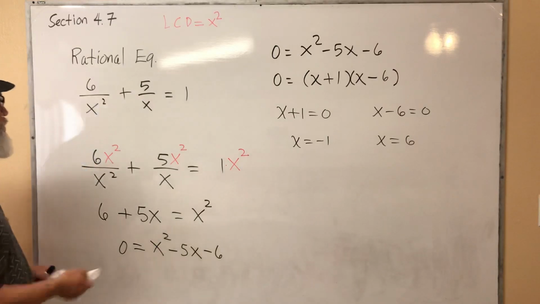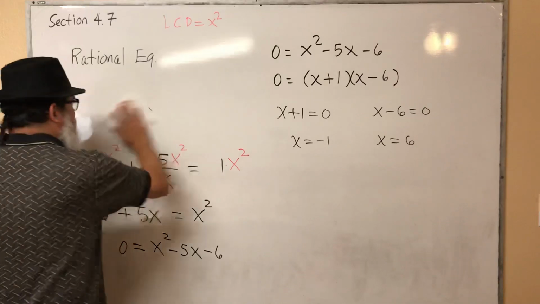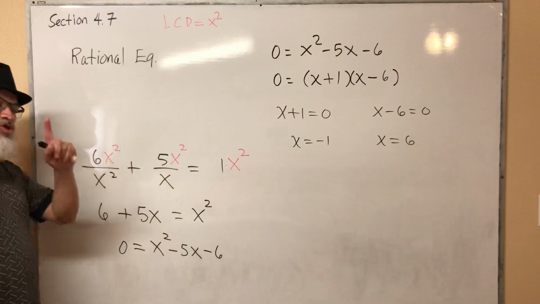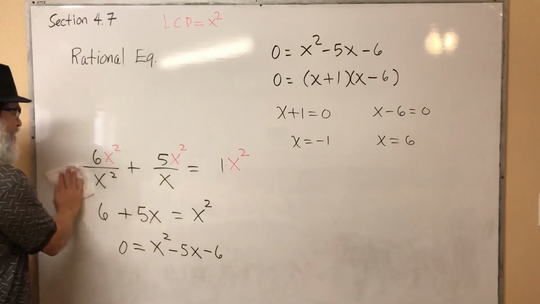Let's do another one. So the key is to get rid of fractions by multiplying every numerator by the LCD. That's the key.